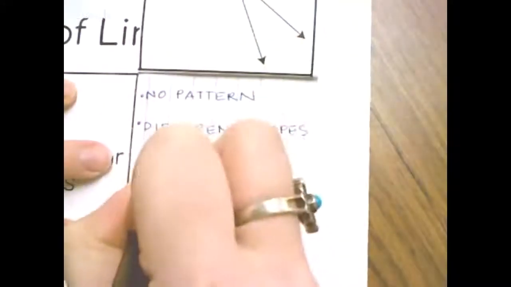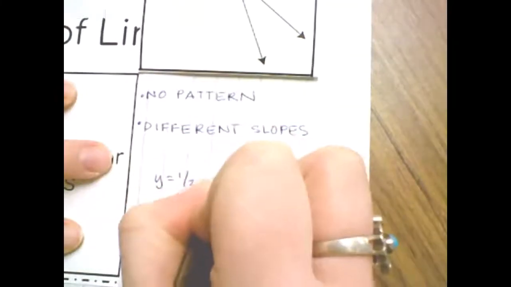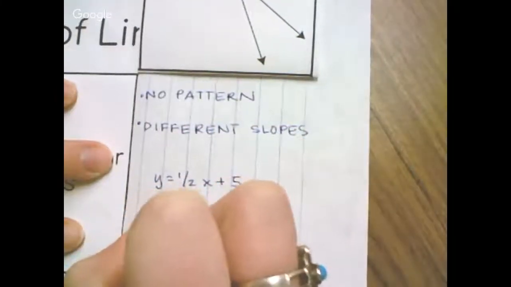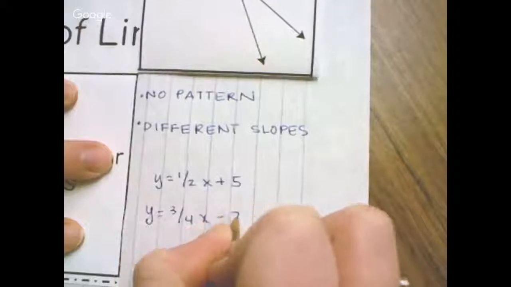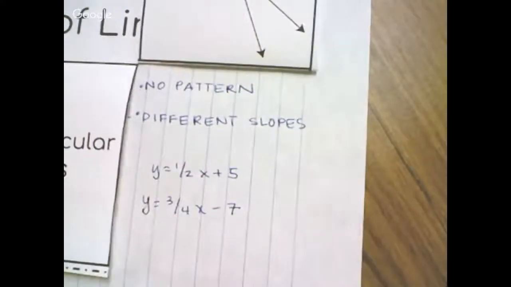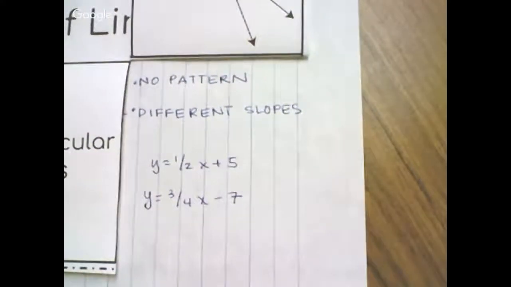So this could be anything. Y equals 1/2 x plus 5, and y equals 3/4 x minus 7. At some point, those two lines will cross, not necessarily at a specific angle. And those are your three types of lines.